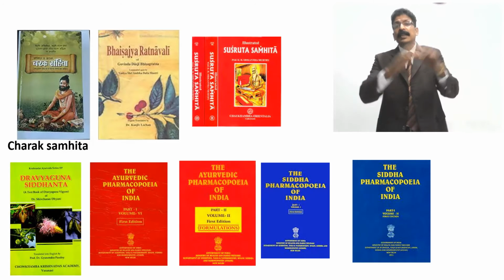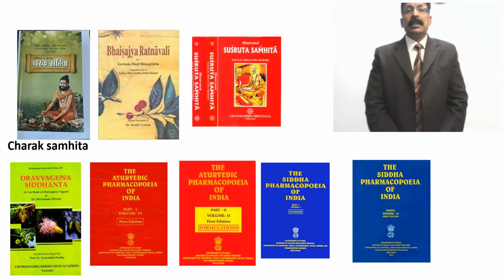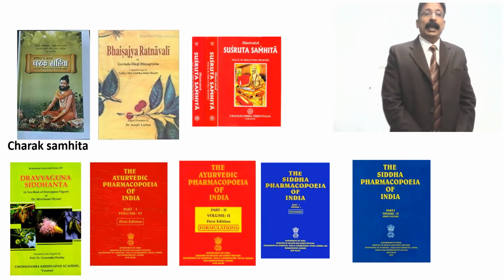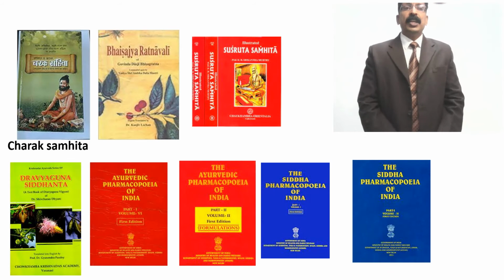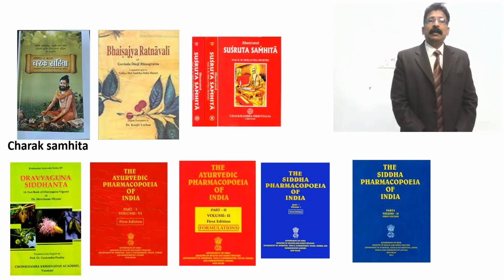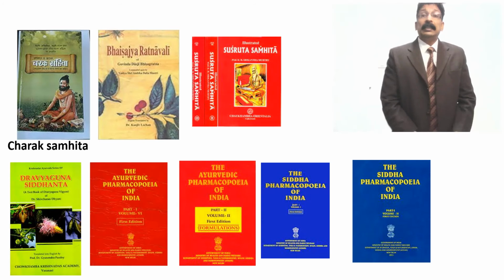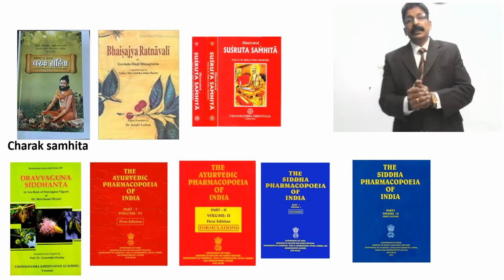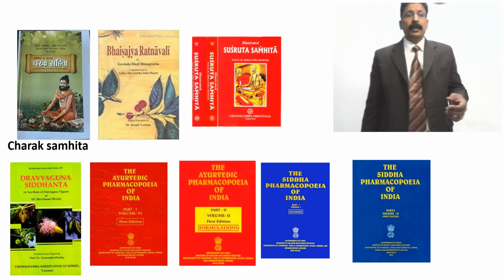And you see, in this slide I have mentioned all the books from the previous slide. The Charak Samhita is a book which is available in various editions, and you can also see Baisaya Ratnavali and Sushruta Samhita, and there is Dravya Guna Siddhanta.